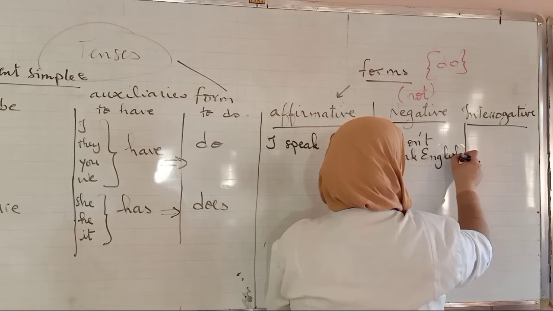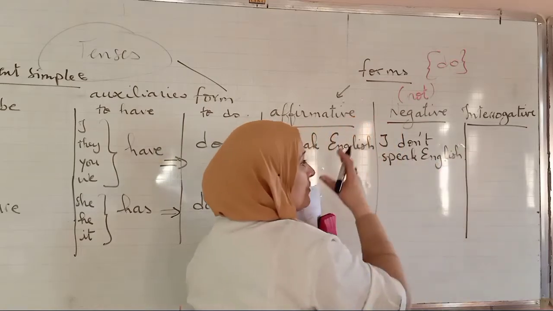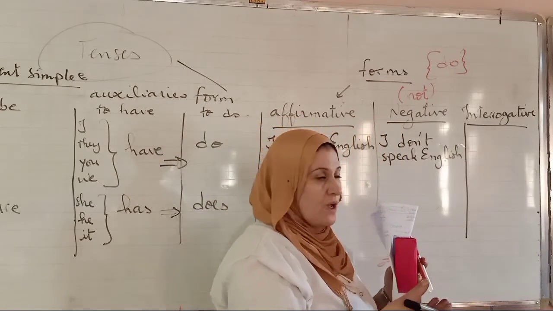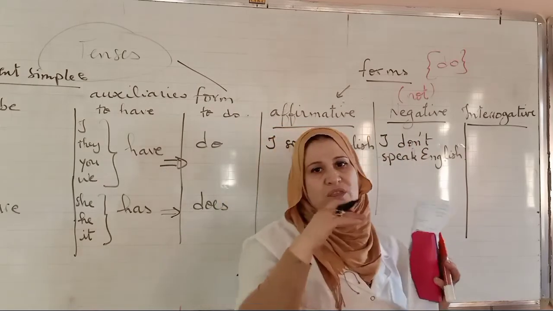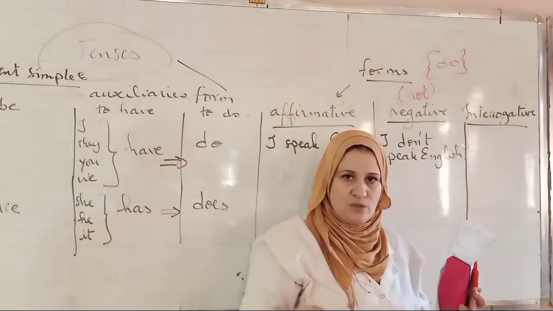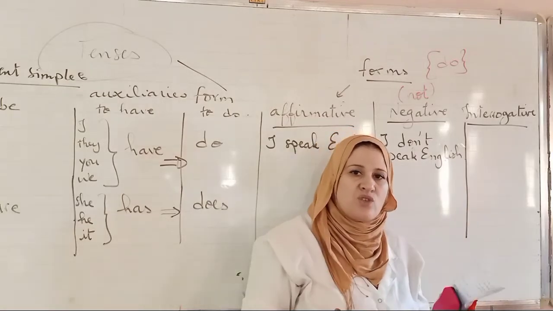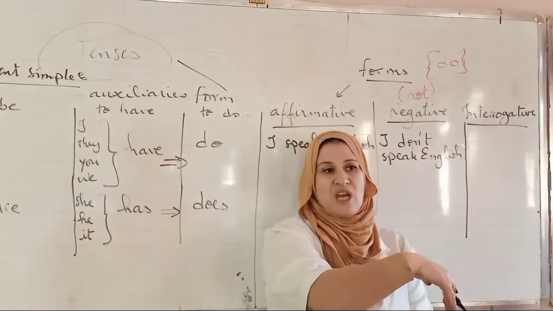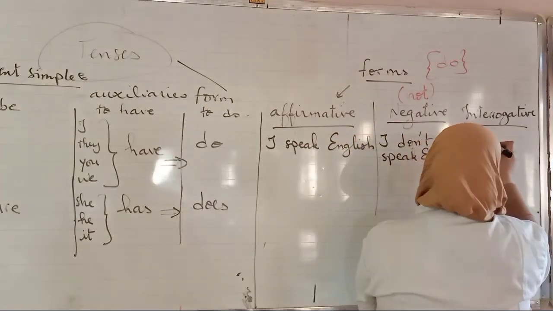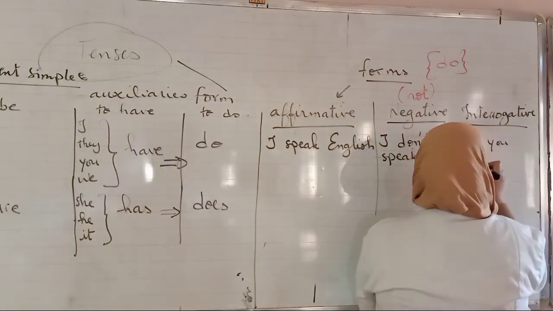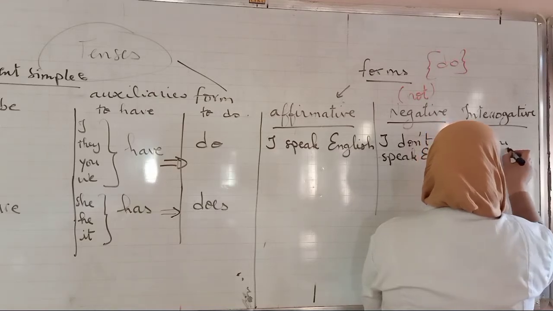I don't speak English. For the interrogative form, of course, I use auxiliary to do. I reverse the subject with the verb. Okay? It is the rule. When I ask a question, I reverse the subject with the verb. And I say the following. Do I or do you speak English?